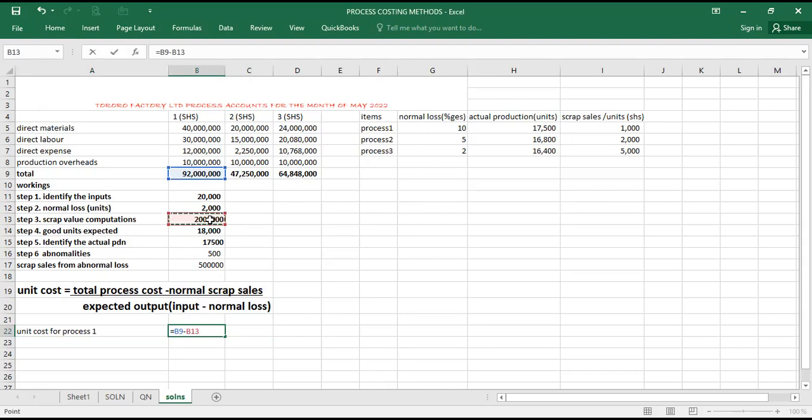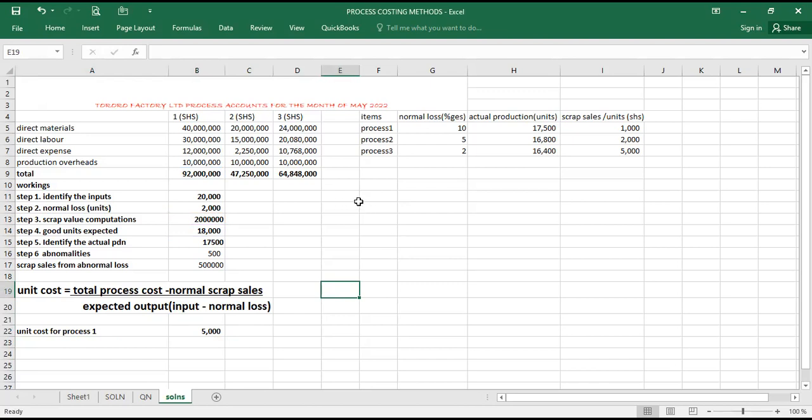The answer we get, we divide. Let's put this in brackets so that we can divide, then divide by the expected units, the good units expected, which are 18,000. We press enter, so it is 5,000. For process one, the unit cost is 5,000.